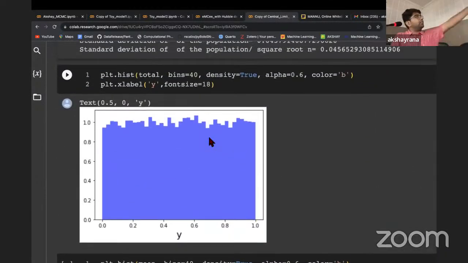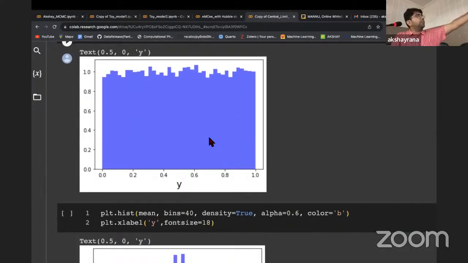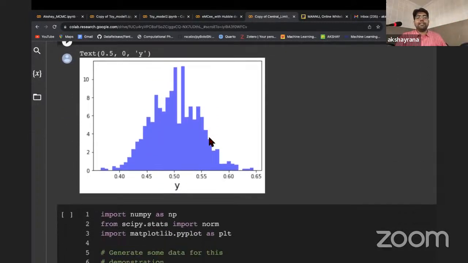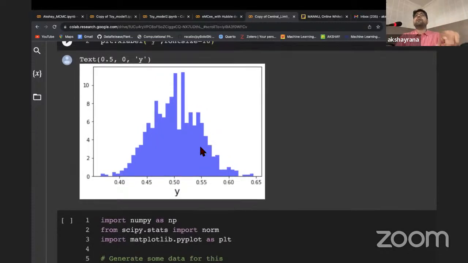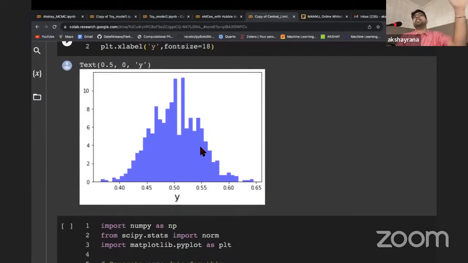This is my distribution. I created samples of 40, calculated their means, and plotted those means. It looks something like this. Right now, how many data points do I have? With 1000 data points, making samples of 40, I'll have only 20-30 data points, and with those you get this kind of histogram.